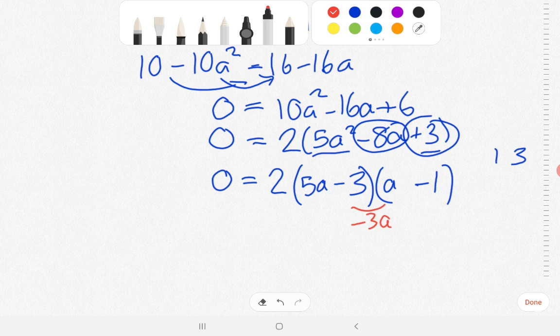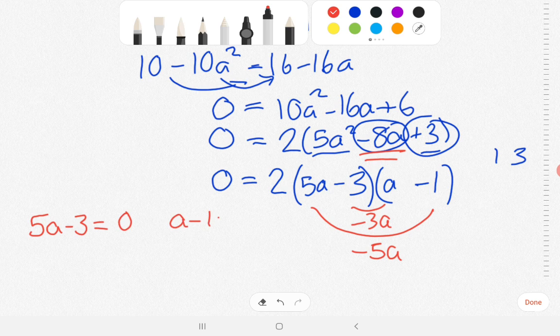That would give me minus 3a minus 5a, which is indeed the minus 8a that we are looking for. So if that's set equal to 0, the 2 obviously can't be 0, but we would have 5a minus 3 equals 0, and a minus 1 equals 0. Now if we solve both of those, we would get a equals 3/5, and a equals 1.